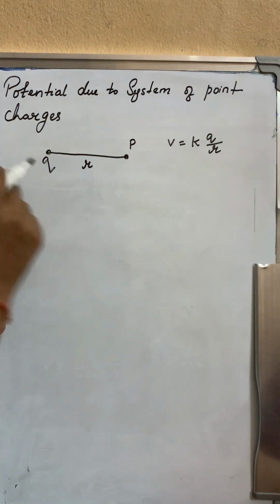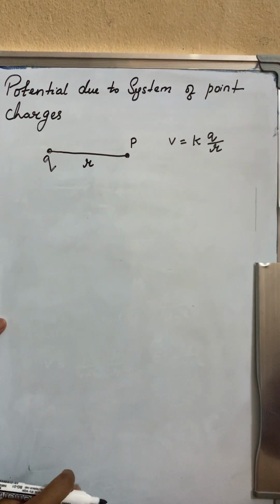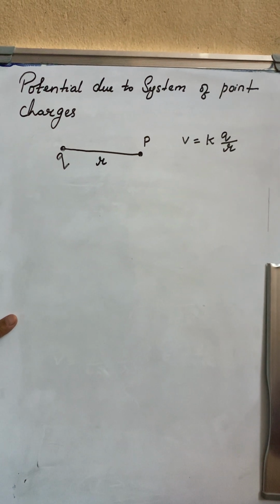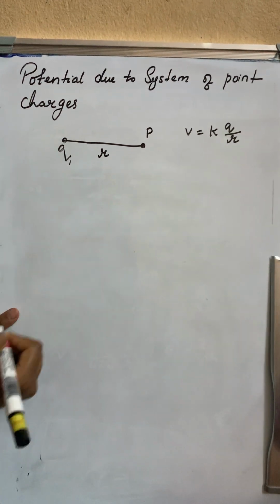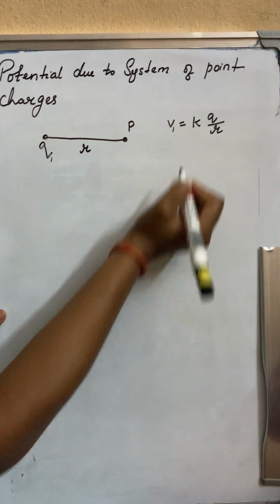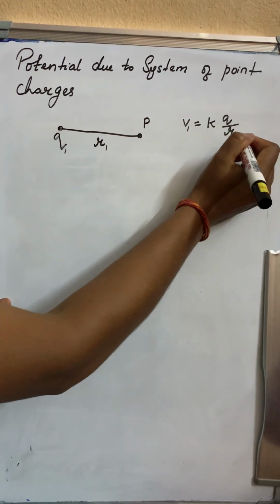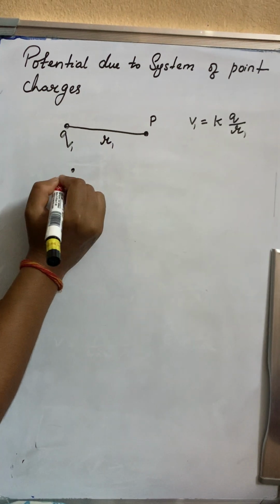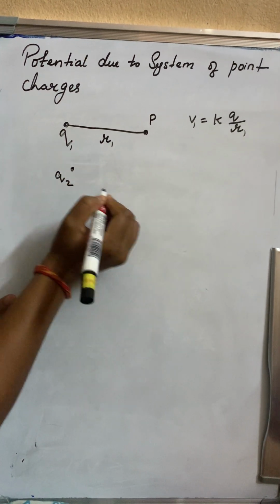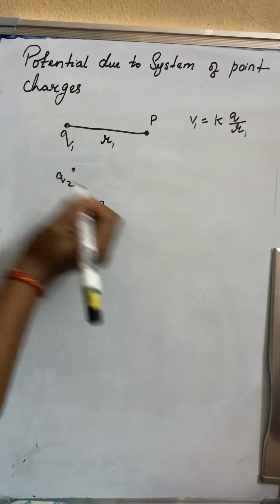Now, if in a system there are more than one point charges, then what will be the potential? If I call this one q1, then what will be the potential at this point? V1. Let's say the distance is r1. Now in the system, apart from q1, there are other charges, say q2, q3, q4, qn, so many.